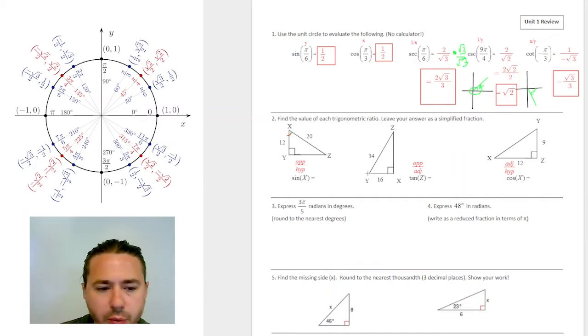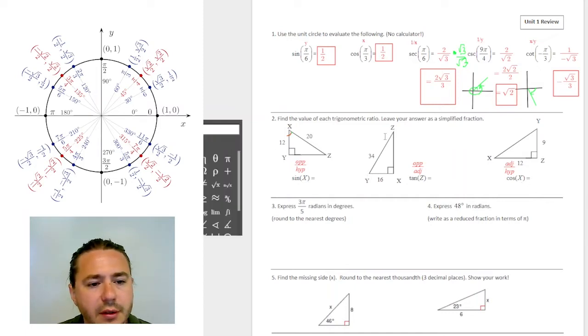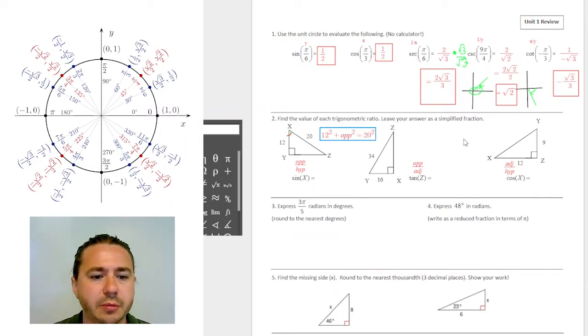Well, you know what? Let's just go ahead and do them all. I backtracked pretty fast there. So 12 squared plus, we'll call it the opposite side squared, equals 20 squared. Now I'm going to skip through the algebra here. We've done a lot of Pythagorean theorem. Hopefully you're comfortable solving this.